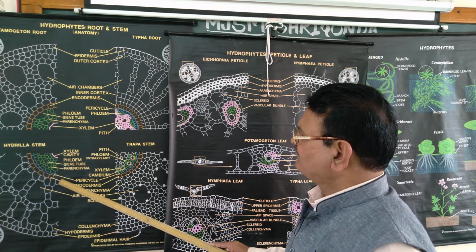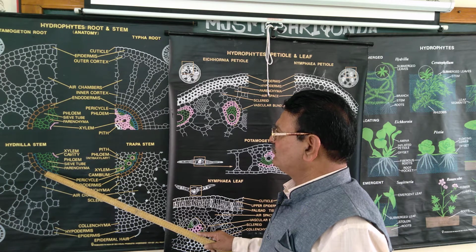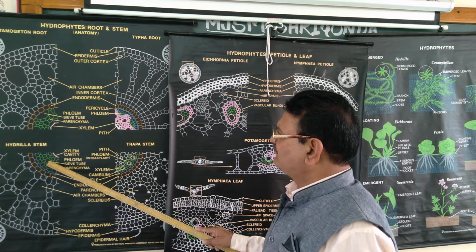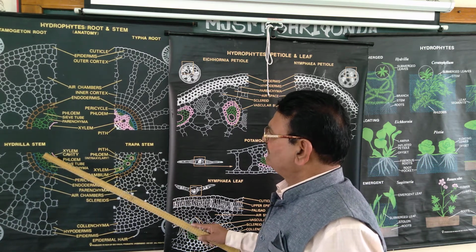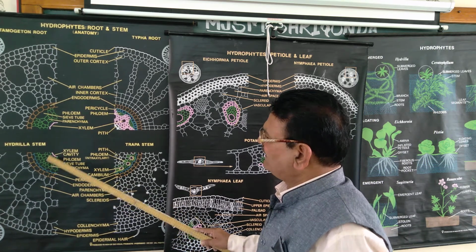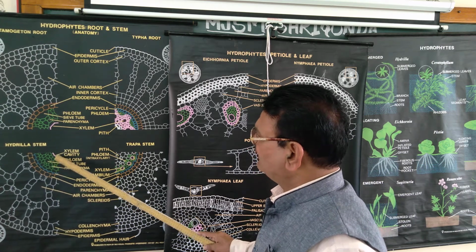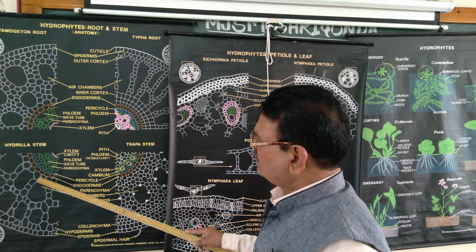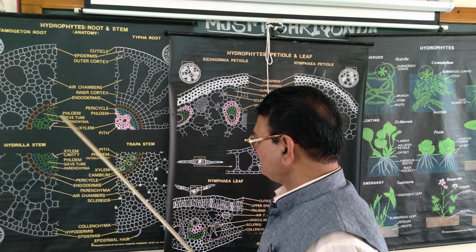Then there is single-layered endodermis with single-layered pericycle. Pericycle is followed by a patch of phloem and a single lacunate xylem. This is the vascular structure of Hydrilla stem, and Hydrilla stem shows absence of cuticle. That is xylem, phloem, pericycle, endodermis, cortex, hypodermis, then epidermis.